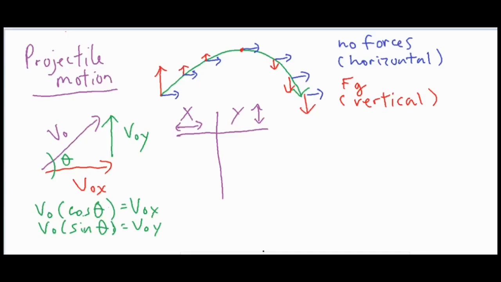The reason why you use cosine is because you want the adjacent side matched up with the hypotenuse, and for the vertical side, you want the side opposite the angle matched up with the hypotenuse, and in the end, you're basically doing something just like this to get your two different components.